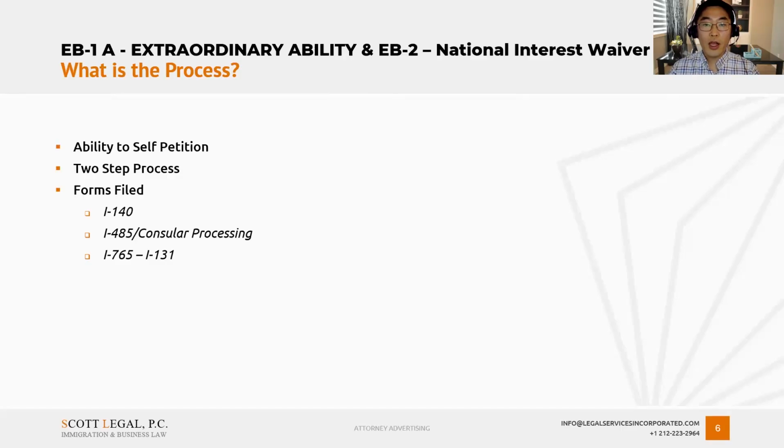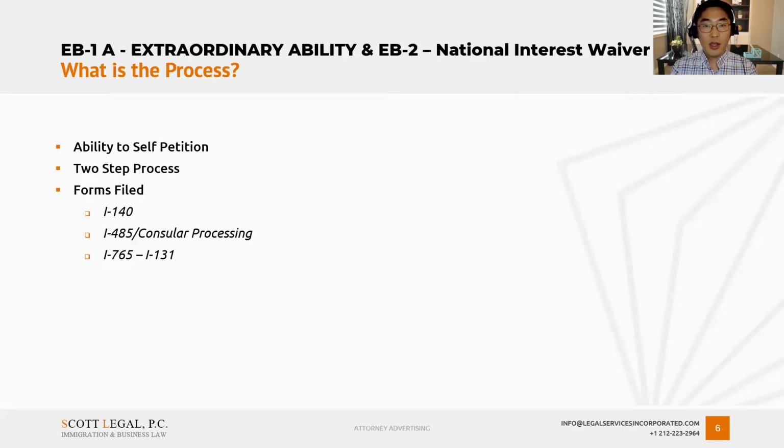So instead of filing I-485, once the I-140 main petition is approved, you complete your immigrant visa process through the U.S. consulate in your home country. You would need to attend an immigrant visa interview, and if it is approved, then you will receive an immigrant visa in your passport, not a green card.